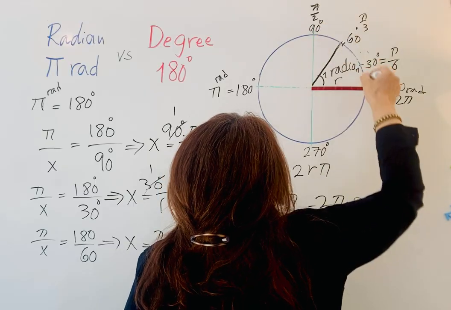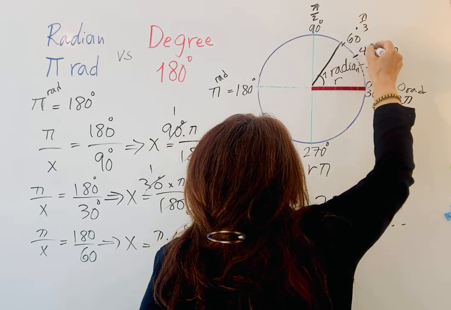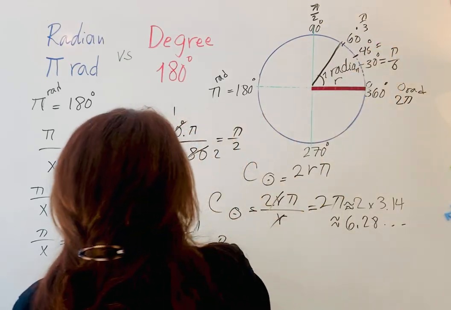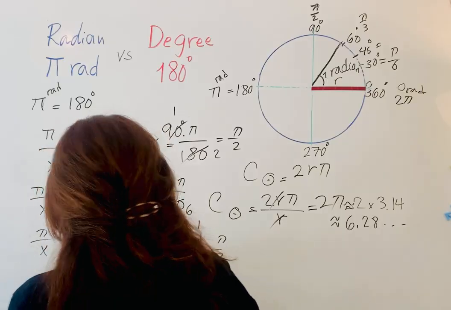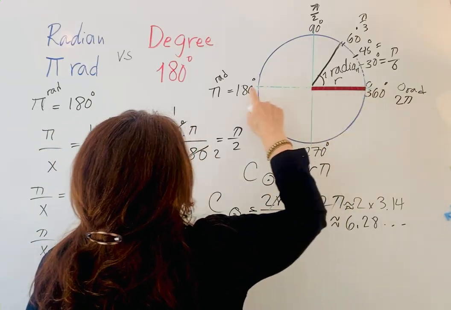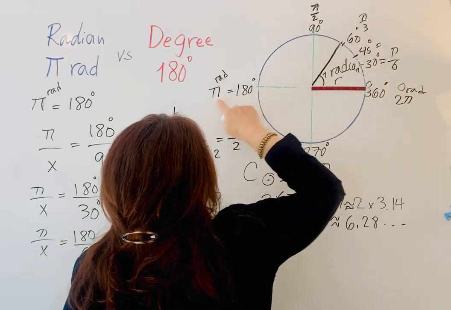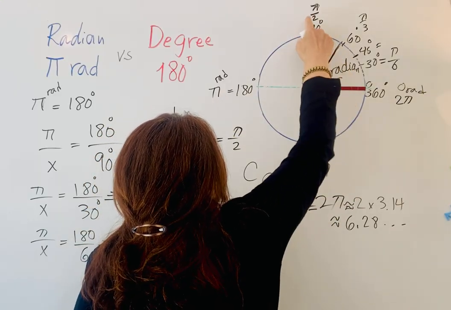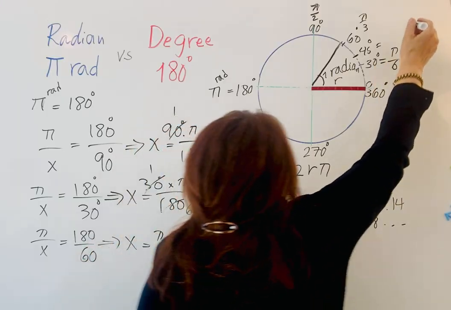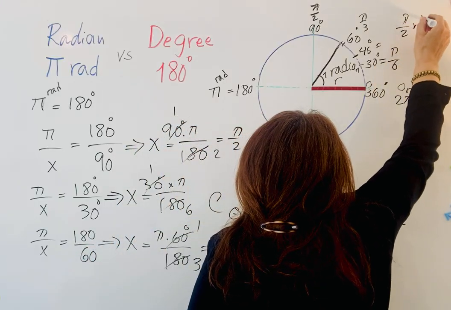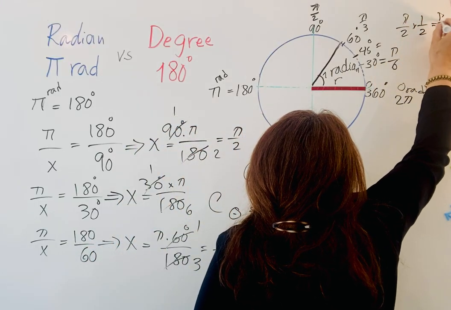And half of 90 degrees is 45 degrees. How much is it going to be? You can say this is pi, half of pi is pi over 2, and half of pi over 2 is pi over 4.